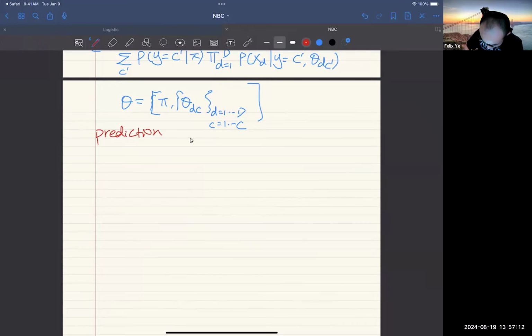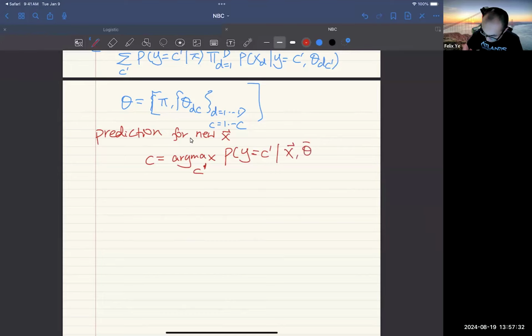So to make a prediction for the new data is C equal to argmax over C prime of the probability of the posterior distributions. Right, so basically it's very straightforward. All you need to do is calculate this posterior distribution for all possible C, then find the corresponding labels that maximize this posterior probability.